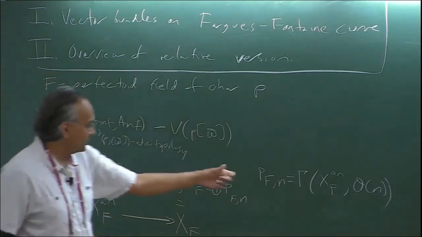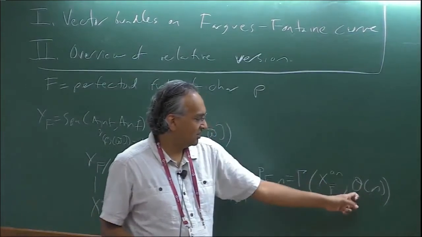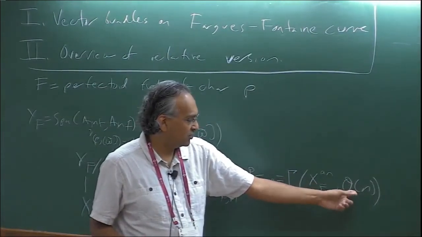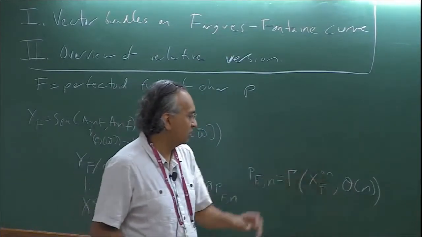That choice of the minus is so that we are consistent with normal practice in algebraic geometry, where O(n) is the thing that has lots of sections. So this ring is reasonably big.